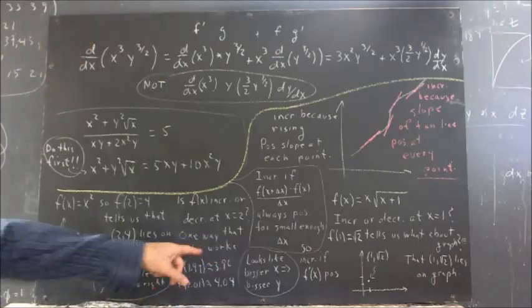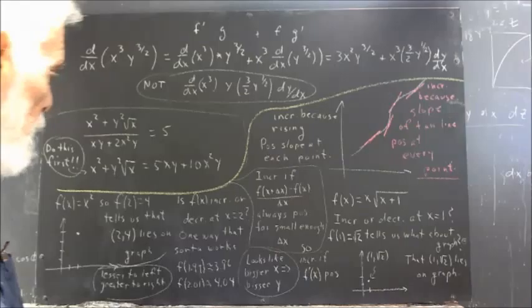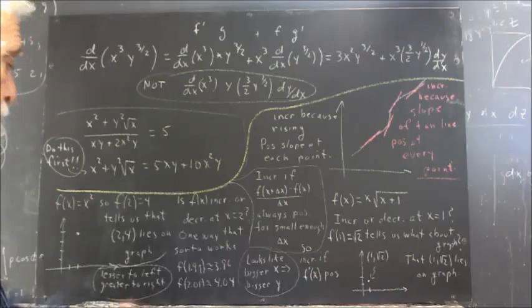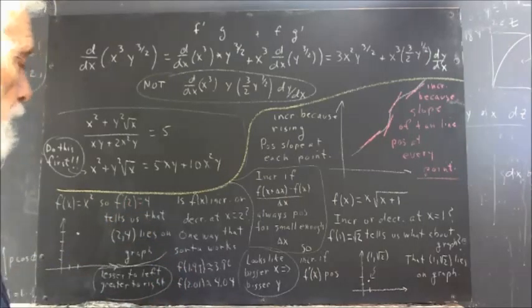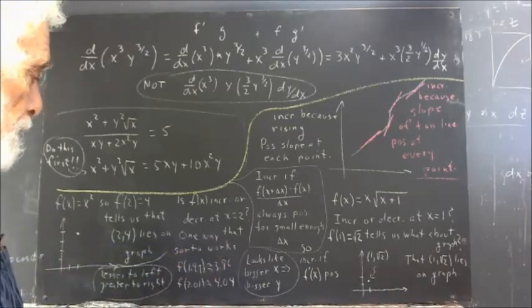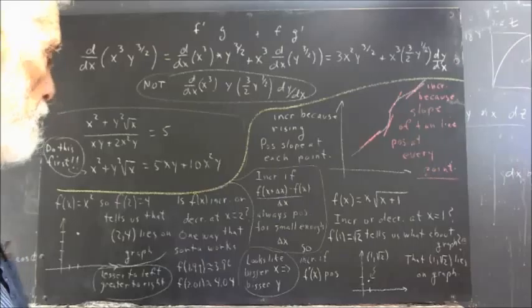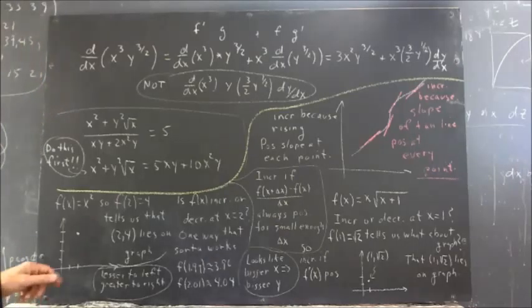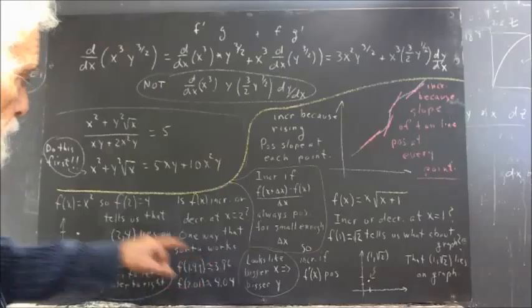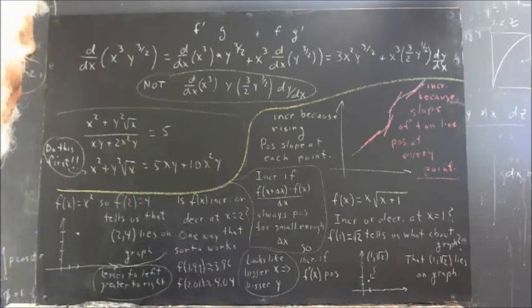Let's evaluate f at 1.99, just a little to the left of x equals 2, and at 2.01, a little to the right. We find that f of 1.99 is 3.96 and f of 2.01 is 4.04. So as we go from 1.99 to 2 to 2.01, y goes from 3.96 to 4 to 4.04.